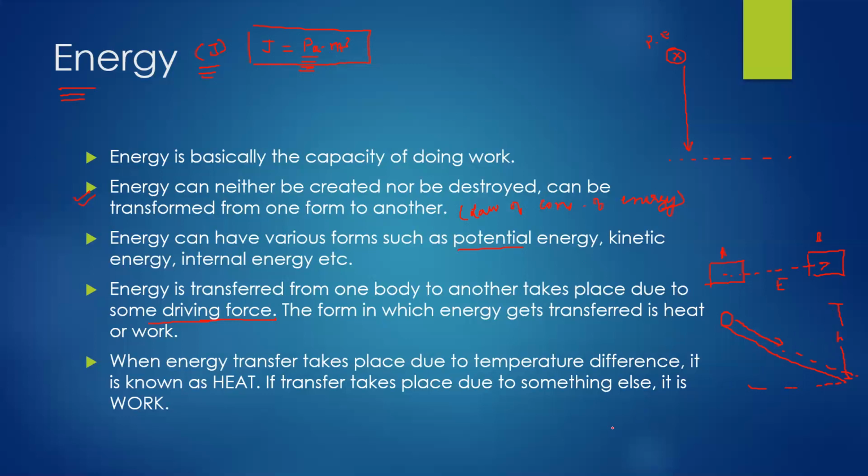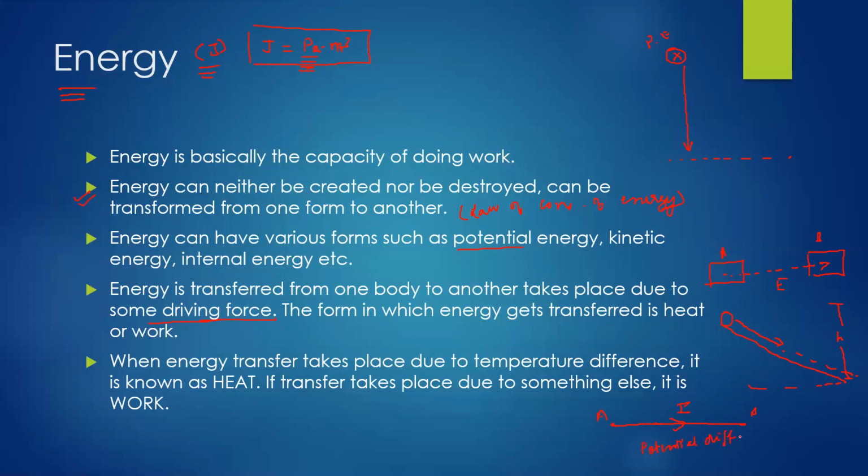If you have an electrical circuit and current is moving from this point to this point, current transfer, electron movement, electron transfer is taking place. That is basically due to something called potential difference.